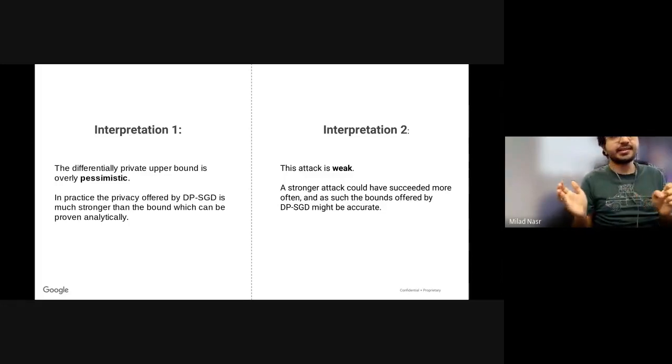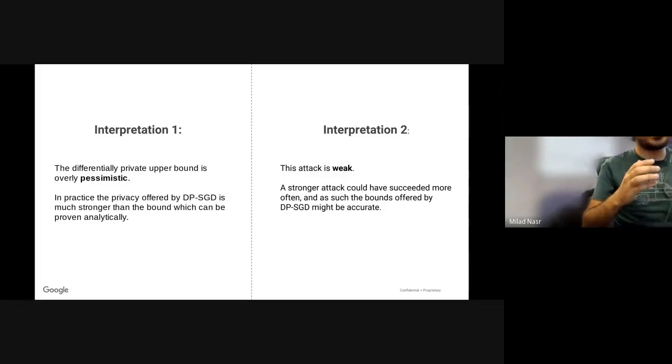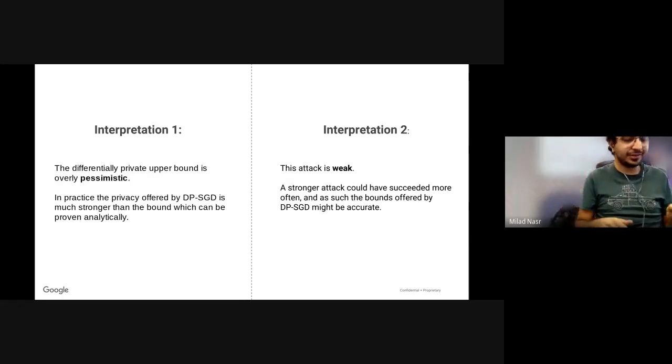Or we can say that this is not a good attack to evaluate DP-SGD. As the title of this talk suggests, this is the true interpretation. But I'm going to walk through the steps that we go through to reach this conclusion.